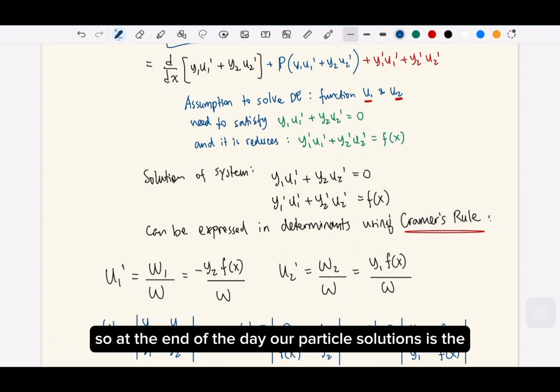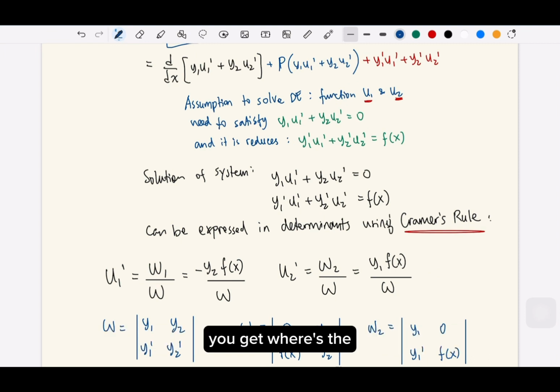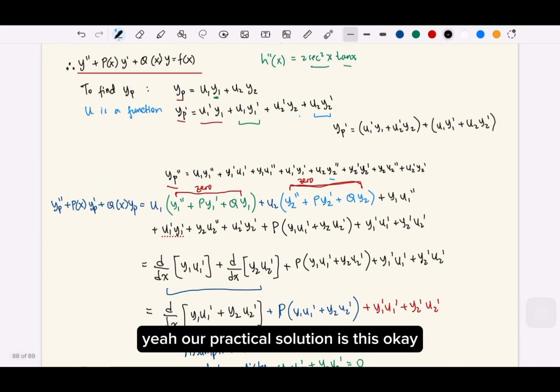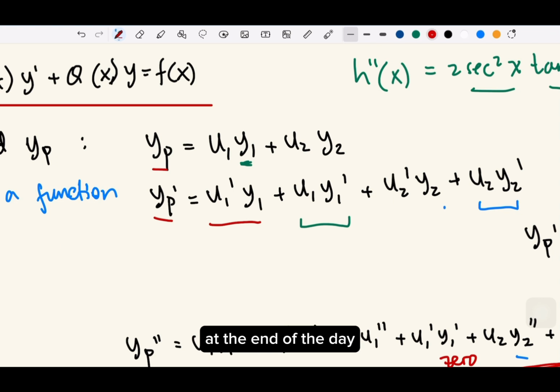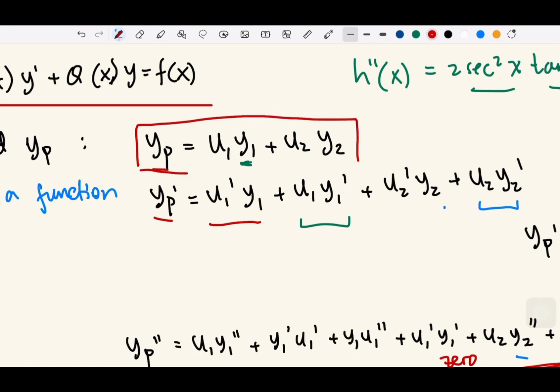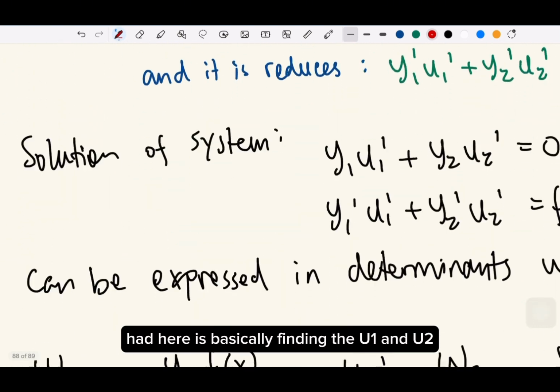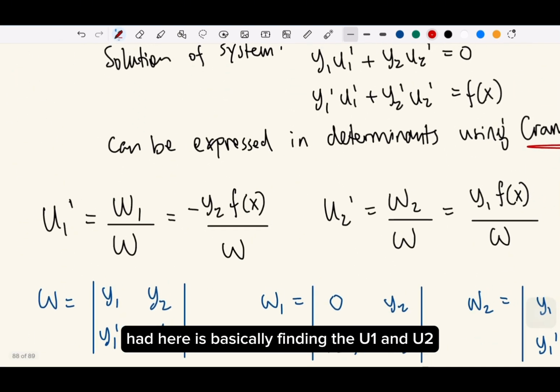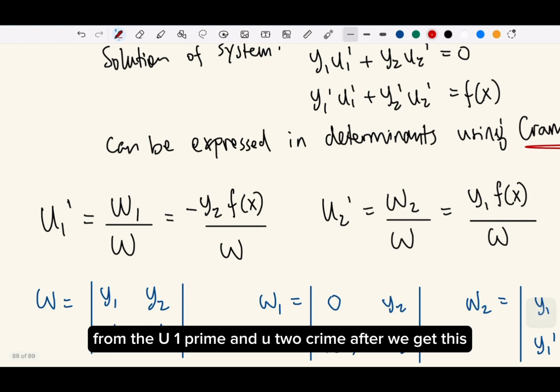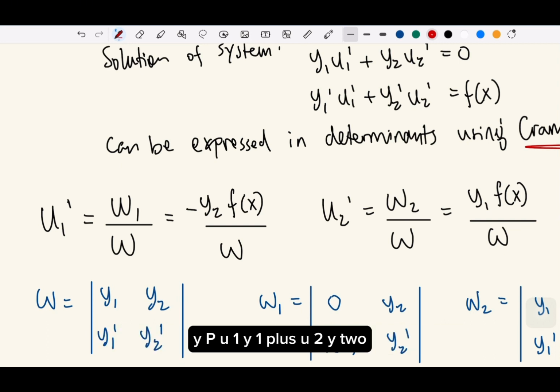So at the end of the day, our particular solution is this. Our idea with Cramer's rule is finding u1 and u2 from u1 prime and u2 prime. After we get these, we integrate and put them back into the first suggestion, yp equals u1 y1 plus u2 y2.